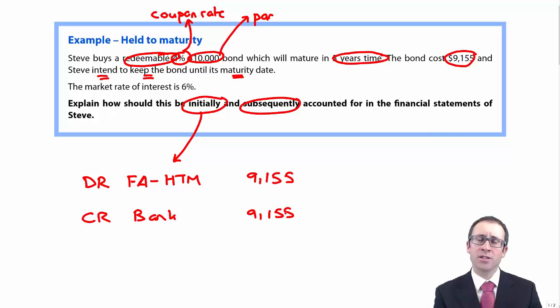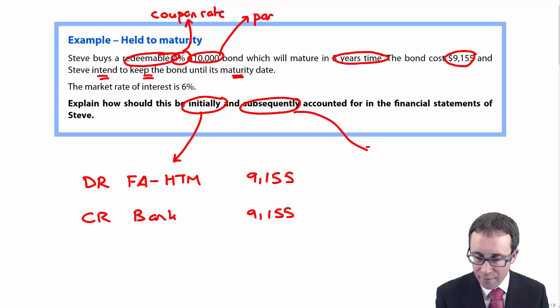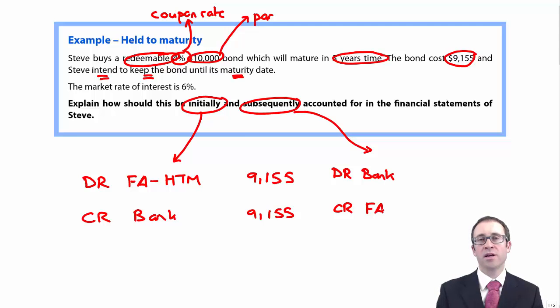Subsequently, forget about any amortized cost element. What's going to happen is we are going to receive the coupon rate of interest on that bond, aren't we? So every year we will receive some cash. So we will debit the bank, and we will credit the financial asset, because the coupon interest that we receive is a partial repayment of the debt that we have invested in.